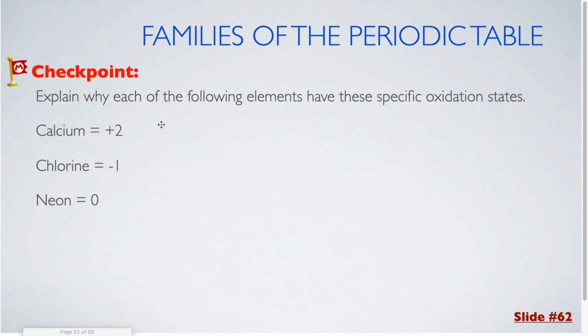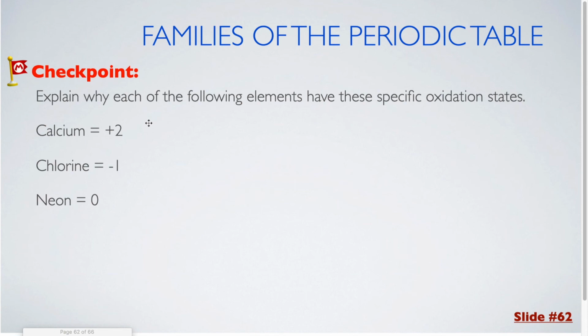For our next checkpoint slide, we're going to try to explain why each of these elements would have the oxidation states that are listed. Now, if we think about the Bohr model for calcium, calcium would have 2 valence electrons in its last shell, which means that it can either gain 6 electrons to completely fill in and become like a noble gas, or it can lose 2.